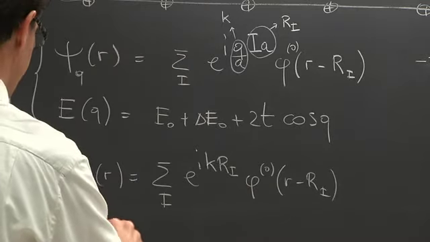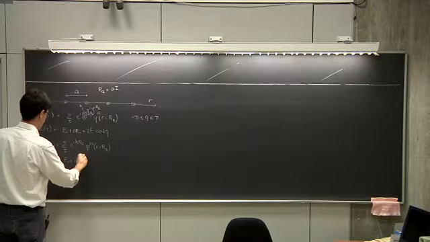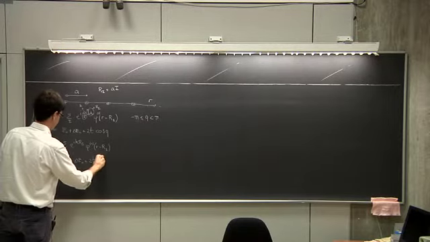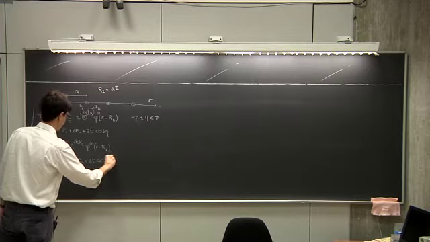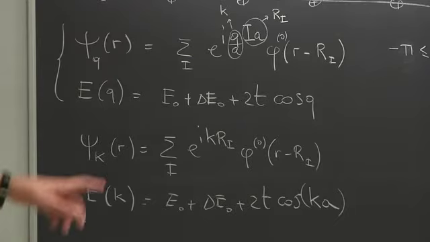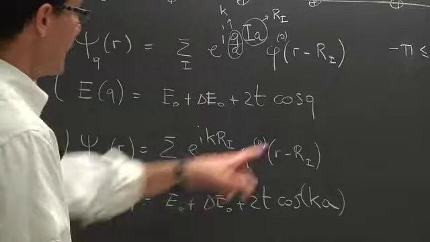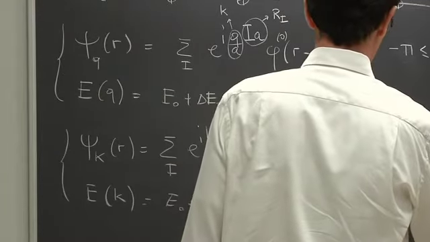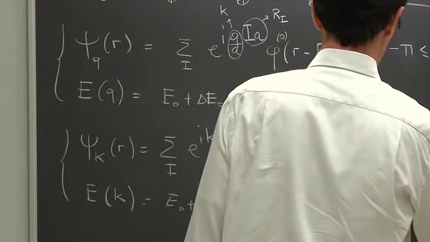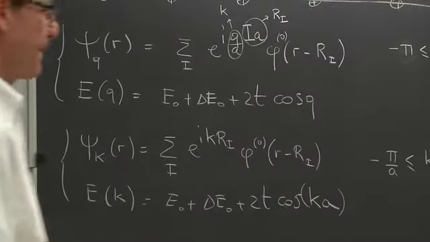And the solution now as a function of K is E naught plus delta E naught plus 2t cosine of K A, because Q is K times A. I'm only changing variables, not doing anything particular. And of course, if I change variables, I also need to remember that the range of possible values for K is now this one.